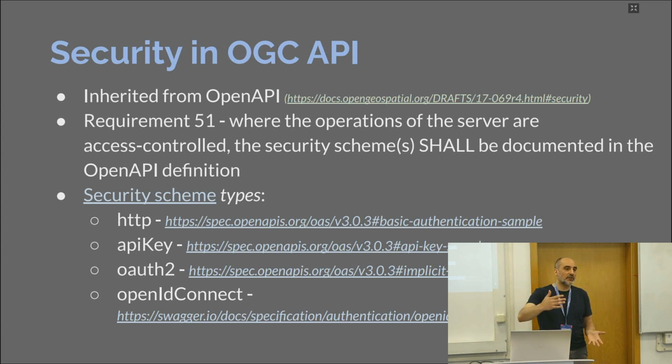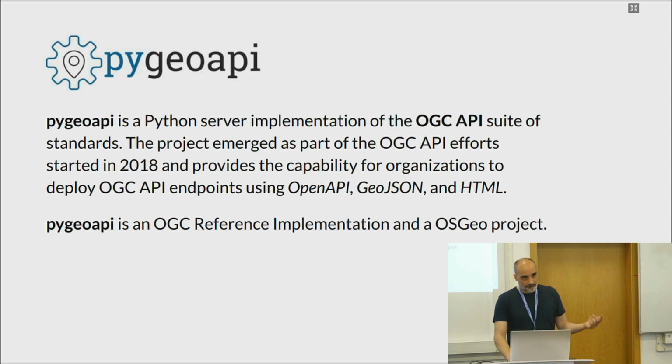So the OpenAPI document is basically your contract in OGC API. You would provide this contract, and this contract can have some sort of security mechanism. I reported the most important ones: HTTP, API key, OAuth 2, and OpenID Connect. I will show you a couple of them in, not pygeoapi, but a downstream project of pygeoapi.